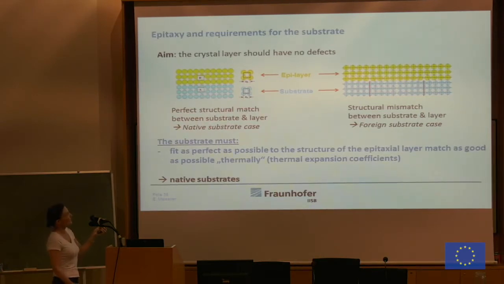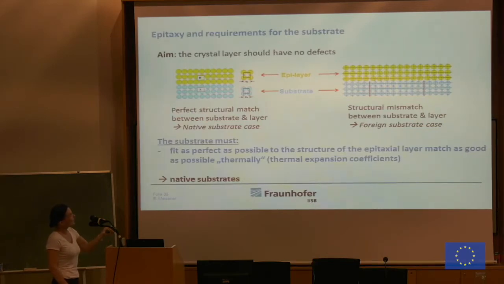And on the other hand, as you heard as well, we don't only have a perfect structural match, we also have a thermal match. It means that you have a process which has many temperature steps that you're applying to the material as you produce it. And if you heat it up, cool it down, heat it up, cool it down, you have the issue with the thermal expansion coefficient.